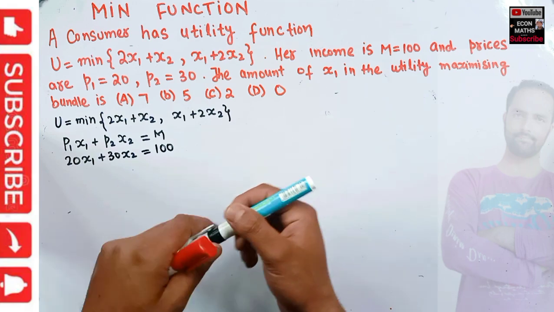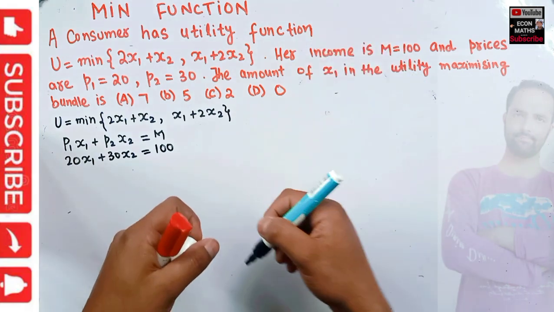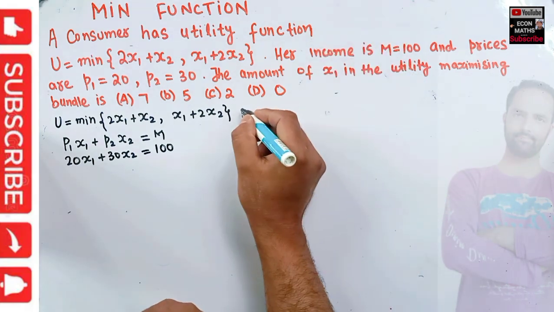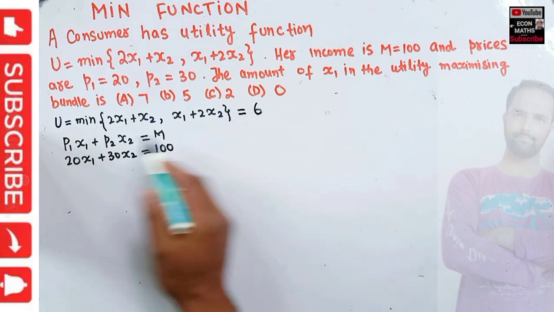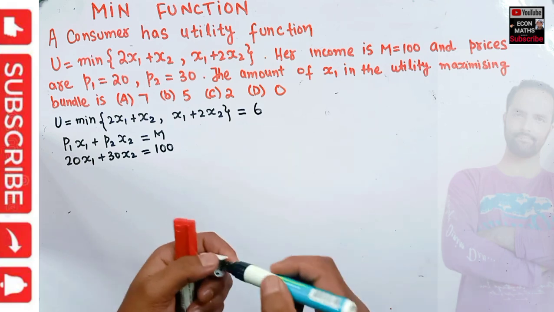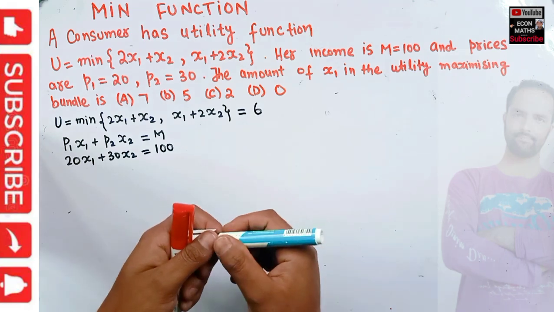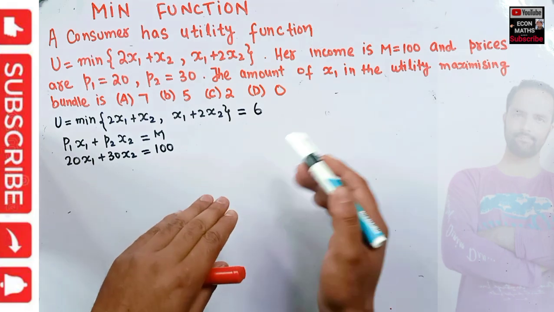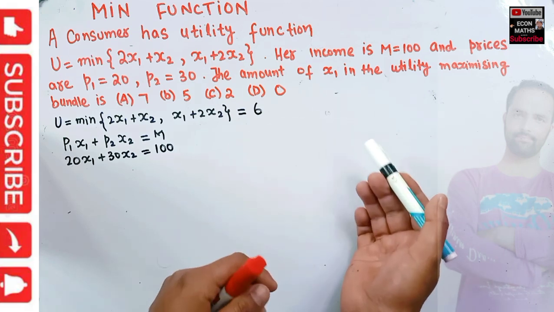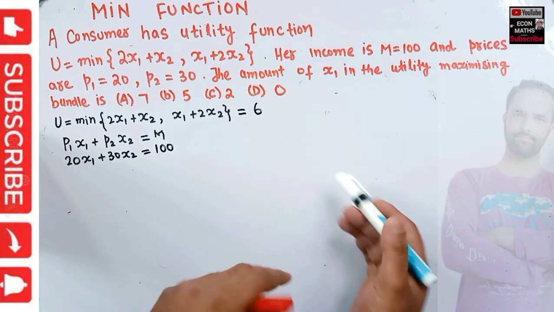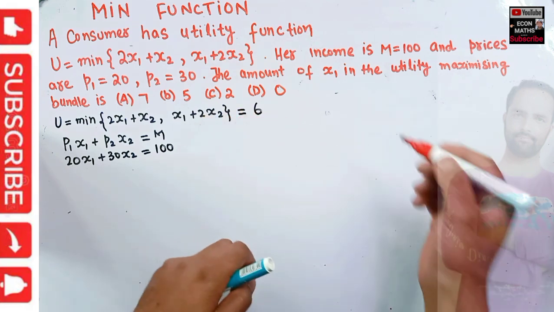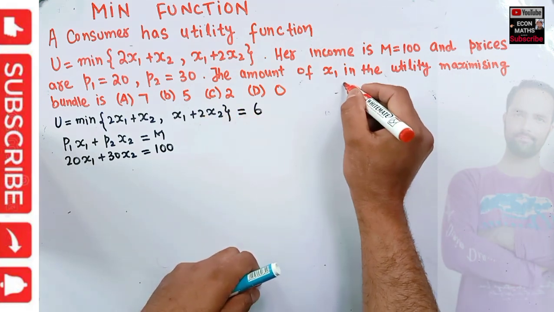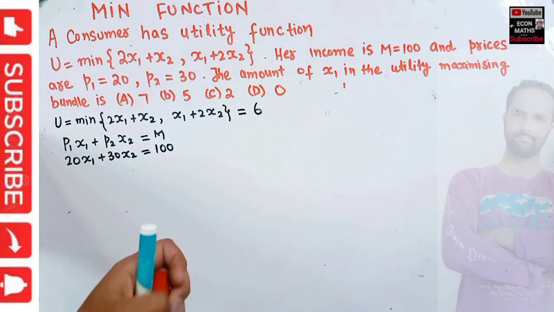So we will keep the utility constant, let us say at a level of 6. We will draw this indifference curve at the utility level of 6 first.